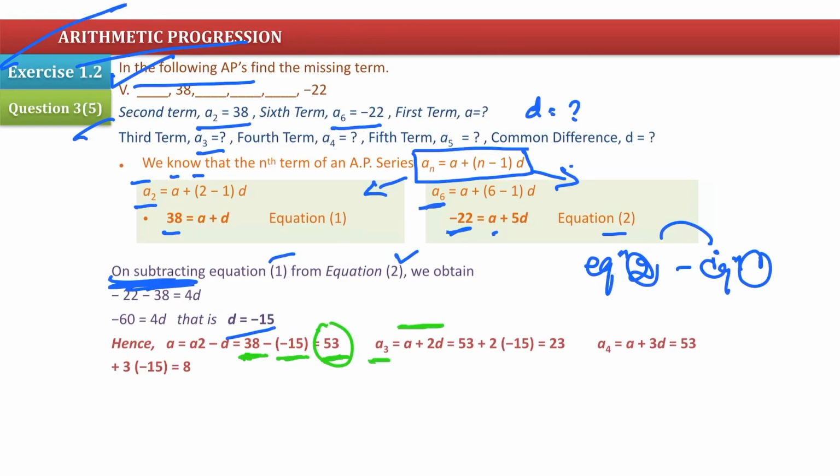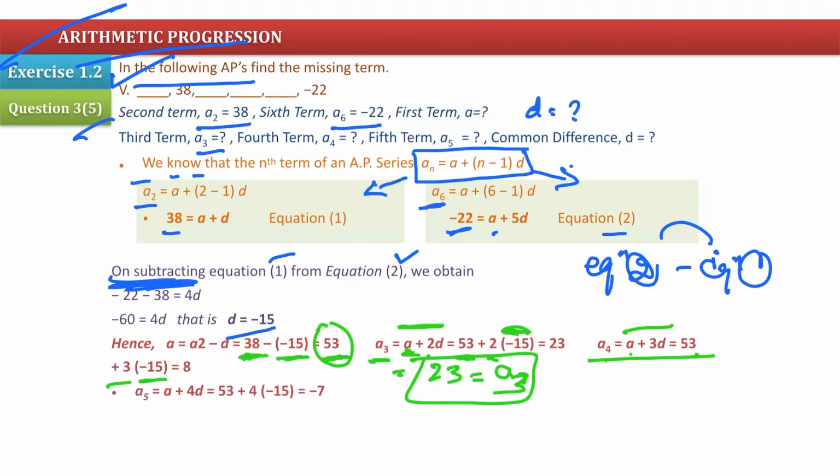Now A3 means I am going to write like this: A plus 2D. Sorry, the A value is 53 plus 2 into minus 15, which is the D value. After solving this, it becomes 23. So A3 is 23. Now the A4 value: A4 means A plus 3D. The A value I am going to write as 53 plus 3 into minus 15, so it becomes 8.